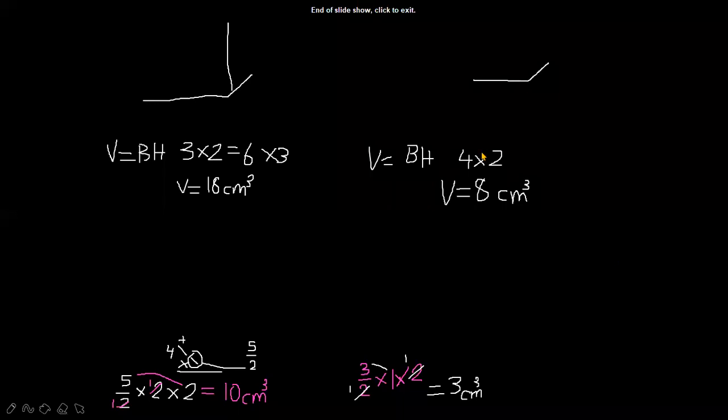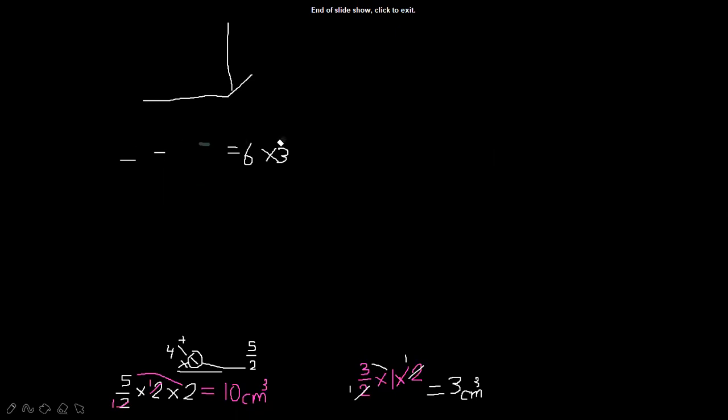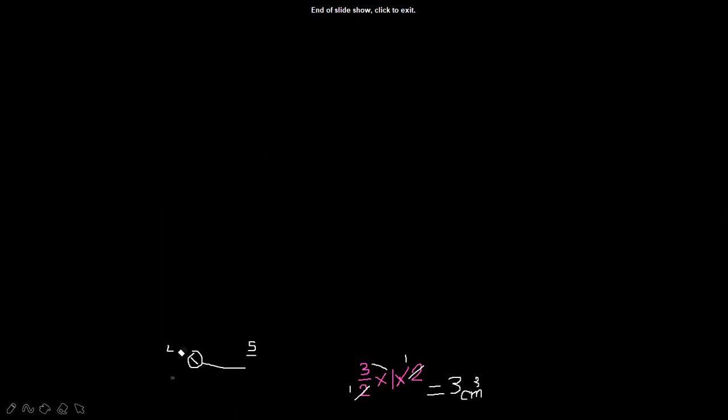Oh, look, we are done with our topic on finding the volume of a cuboid. Okay, some things to remember. Do not forget writing the unit after you write the answer. Okay, the unit is part of the answer.